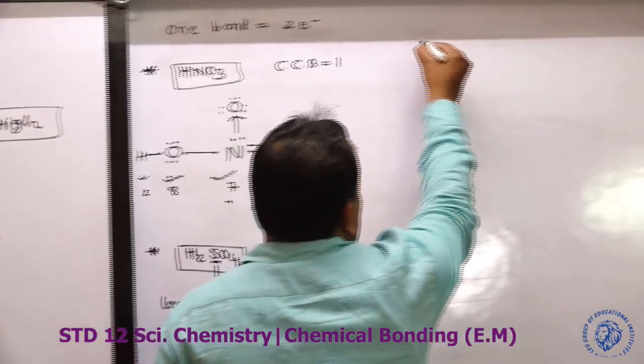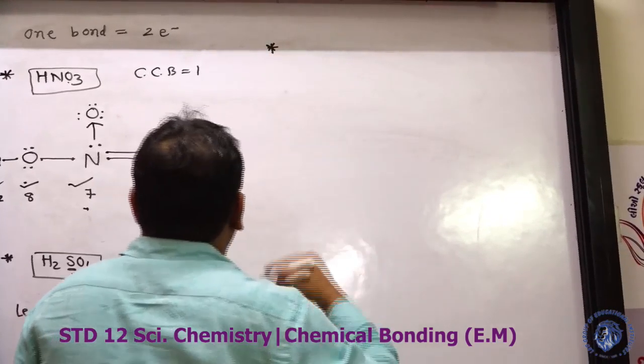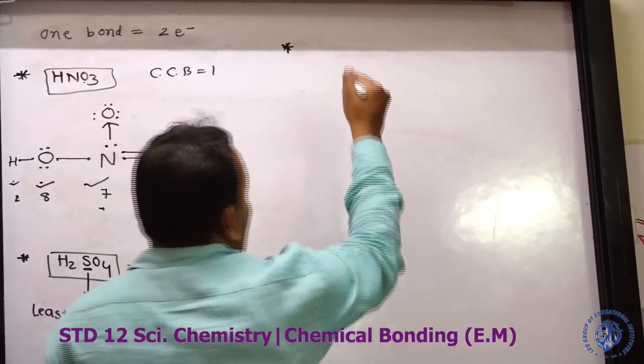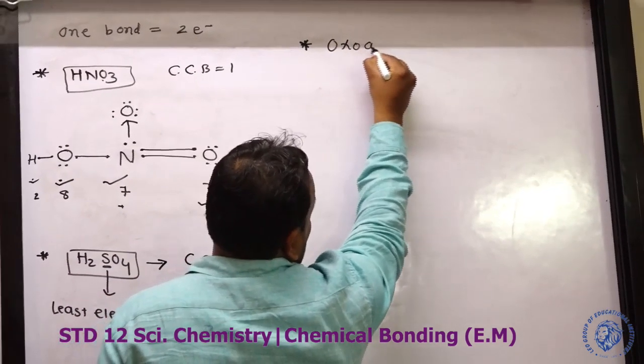For that, we like to study the coordinate covalent bond in further detail. Then we need to study the example of some of the oxoacids at home.